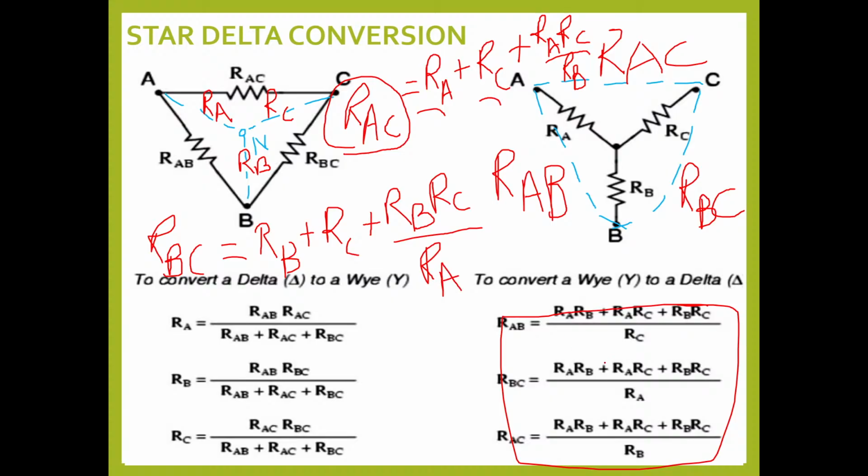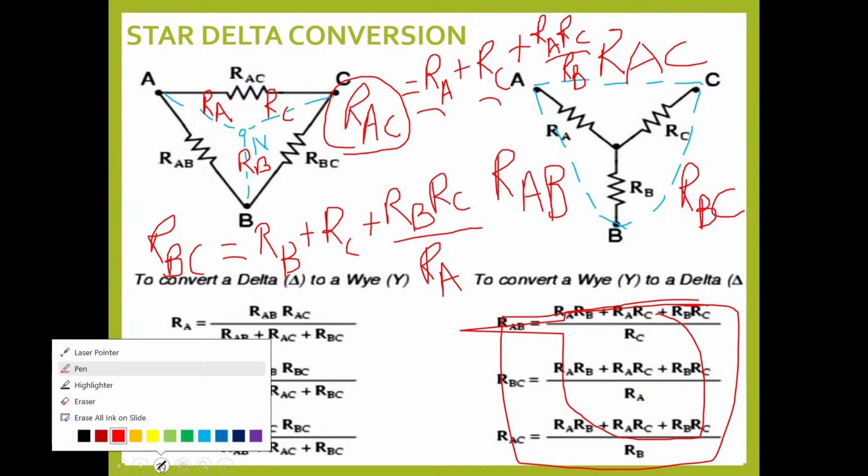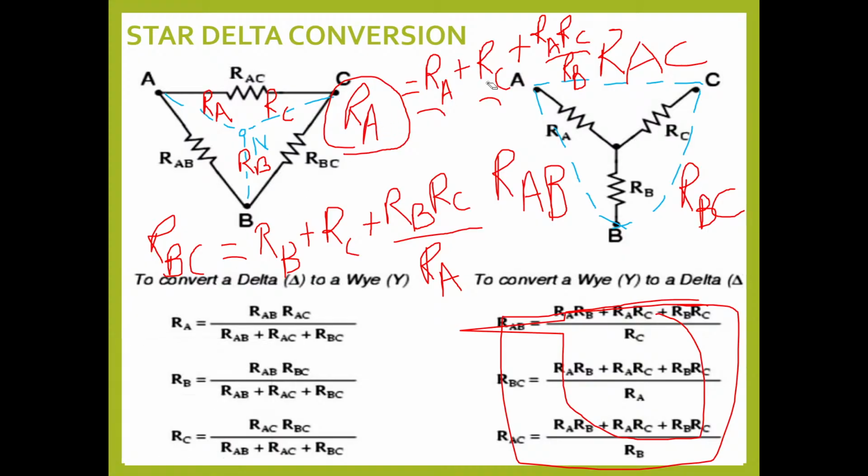Okay, so instead of writing these expressions, these are also right, but you can write like this. So what is left over? RAB is left over. I will just erase C here and write B here.